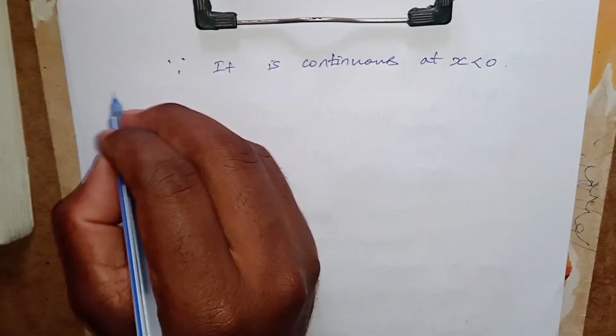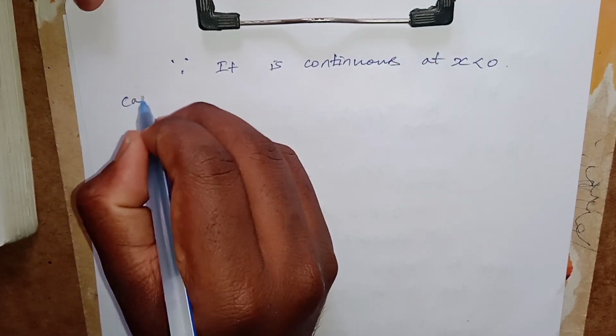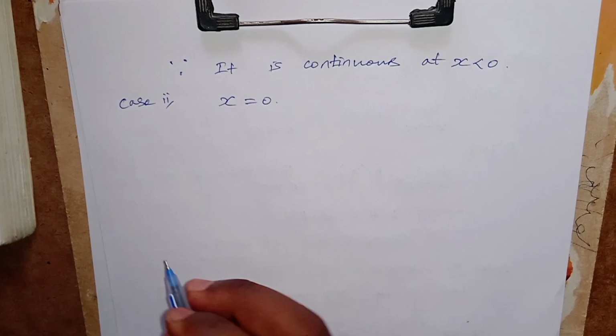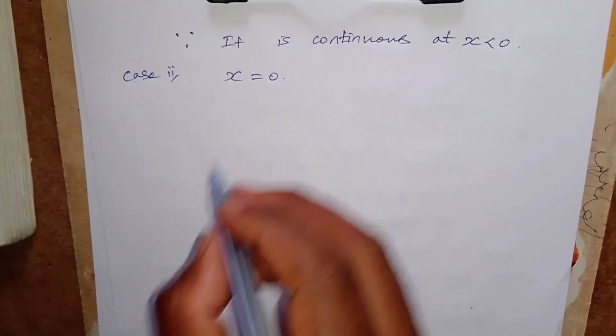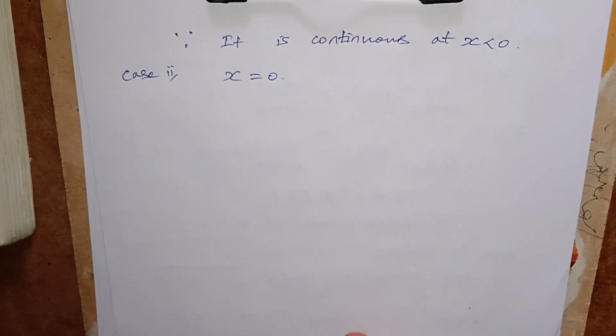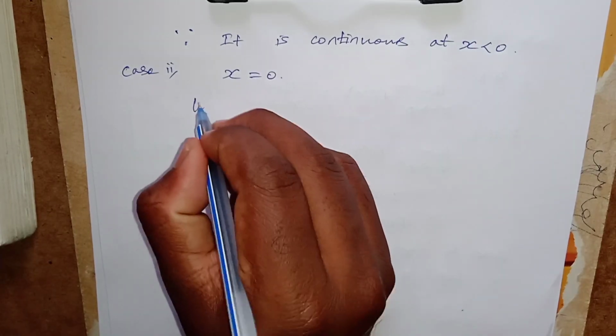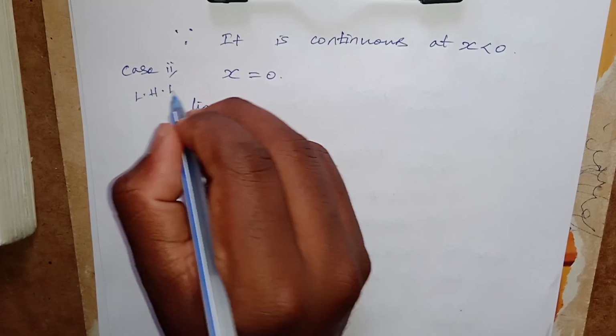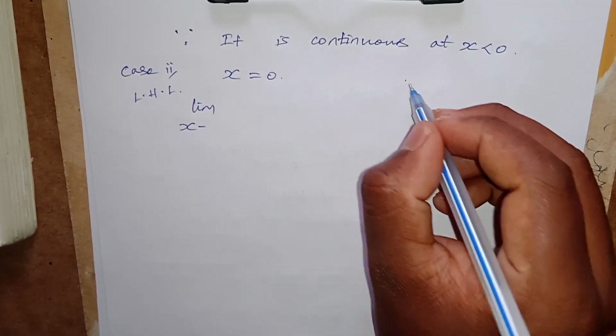Next you have to take case 2, x equal to 0. Here you have to take the left hand limit and then the right hand limit.